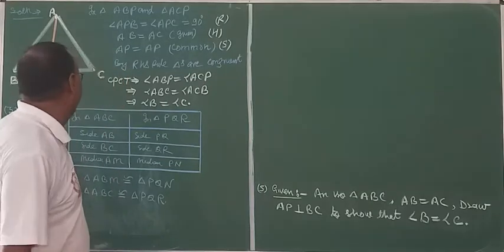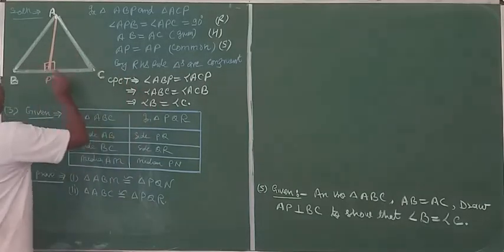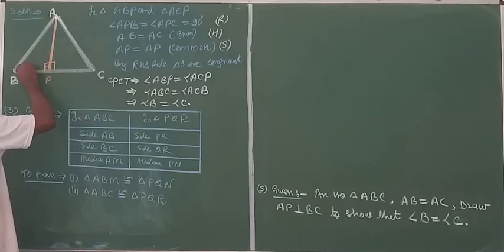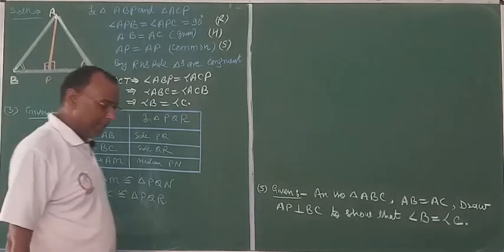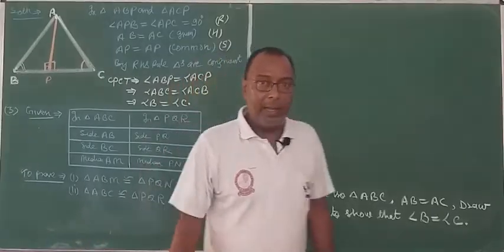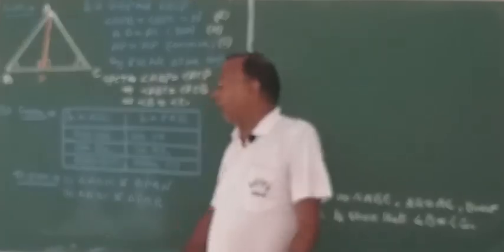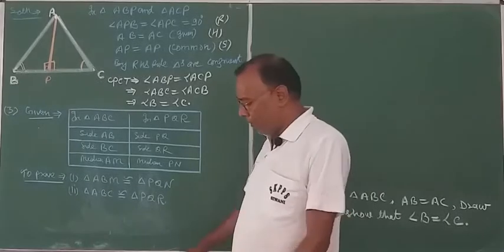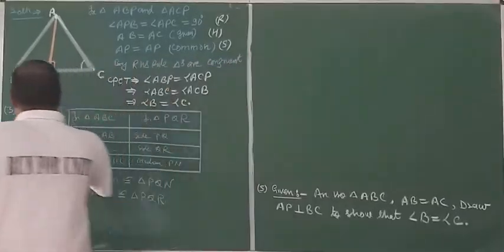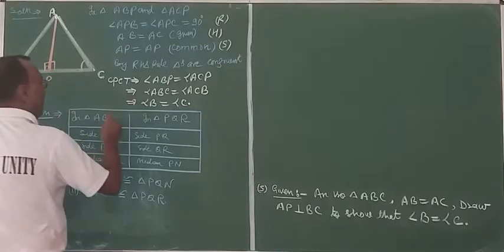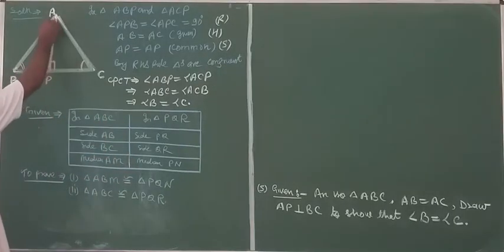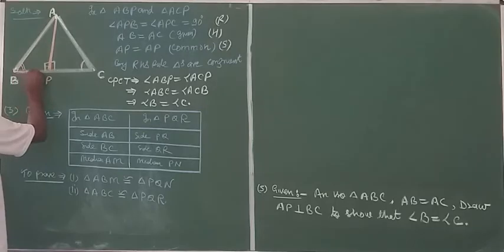Then by the CPCT, angle ABP will be equal to angle ACP. Can you tell me, this angle ABP, just look here, is it not the angle ABC?